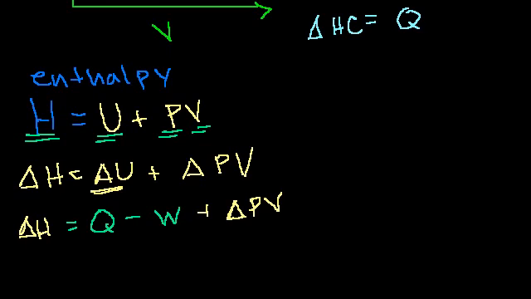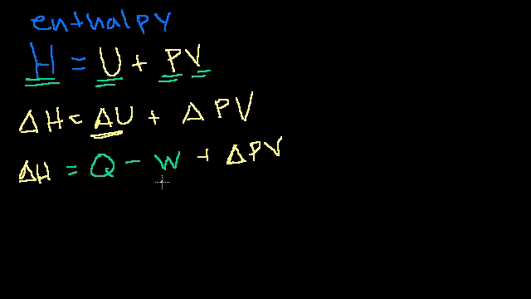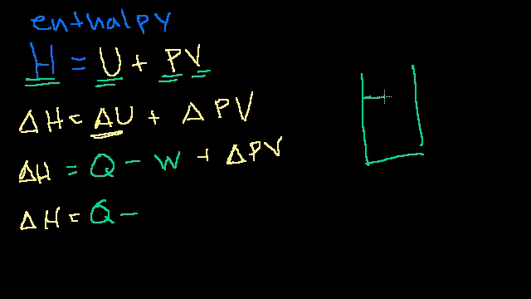Now this is starting to look interesting. What's the work done by a system? So I could write change in H, or enthalpy, is equal to the heat applied to the system minus the work done by the system. If I have some system here, it's got some piston on it. If we're doing it quasi-statically, I have the classic pebbles that I've talked about in multiple videos. When I apply heat, or let's say I remove some of these pebbles, I'm at a different equilibrium.